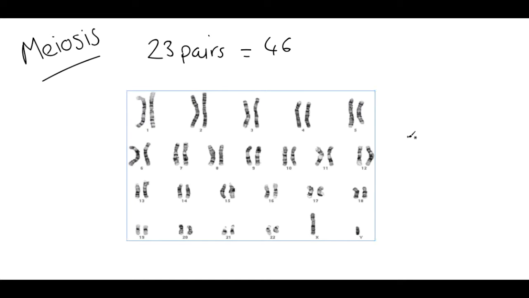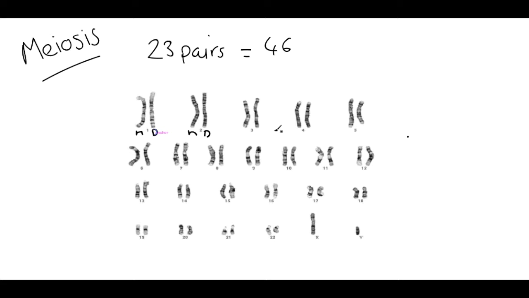The way it works is one of these chromosomes is from your mum and one from your dad. Equally, one from your mum, one from your dad, one from your mum, one from your dad. And this makes up your genetic information. So let's say eye colour is determined on chromosome 4.